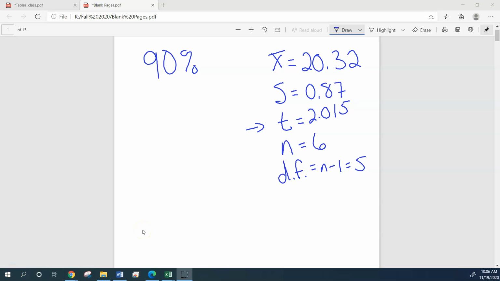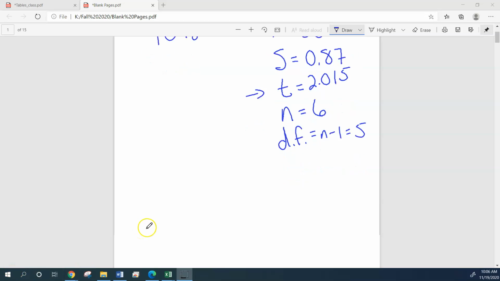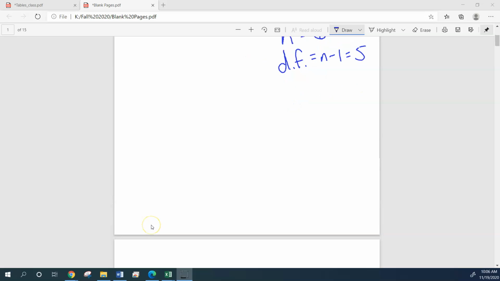So when we are constructing a confidence interval, what we need to do is find the mean, but then we need to find that plus or minus the margin of error. Our margin of error is going to be our t times our standard deviation divided by the square root of n.